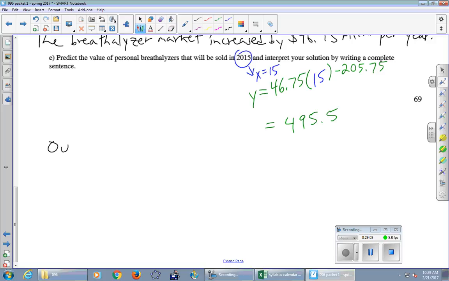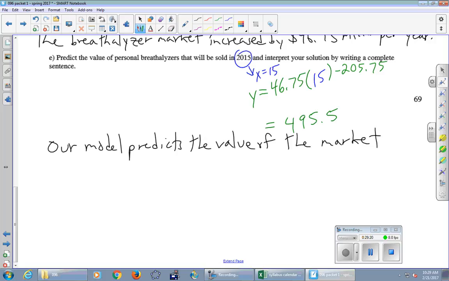Something like our model predicts the value of the market was $495.5 million in 2015.